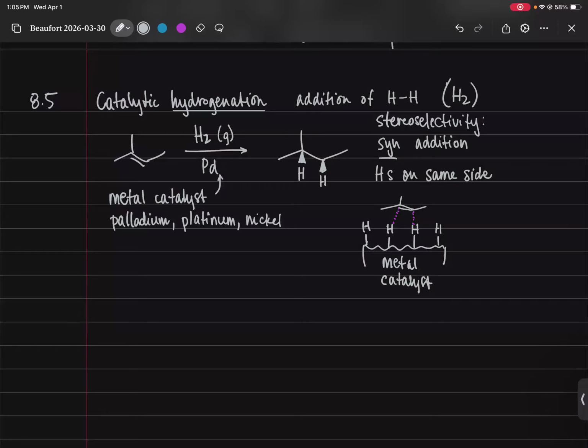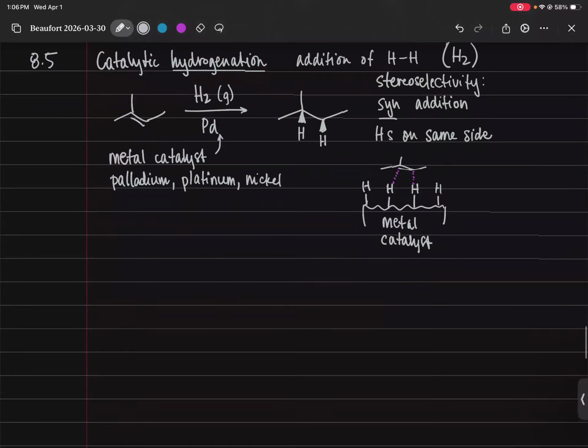Otherwise, the opposite case would be something more like an SN2 reaction, which we're going to see pretty much next. But anyway, catalytic hydrogenation gives you syn addition when you use hydrogen gas and a palladium or platinum catalyst.